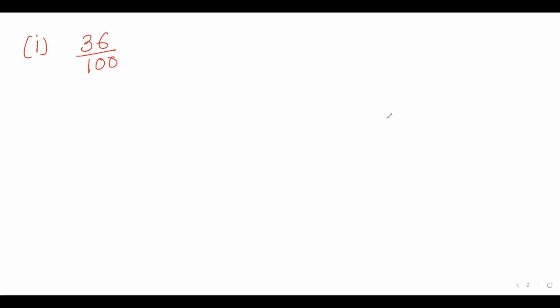Before starting the problem, I want to say a few things. First of all, when any rational number is in P by Q form, there are two possibilities when you convert into decimals.